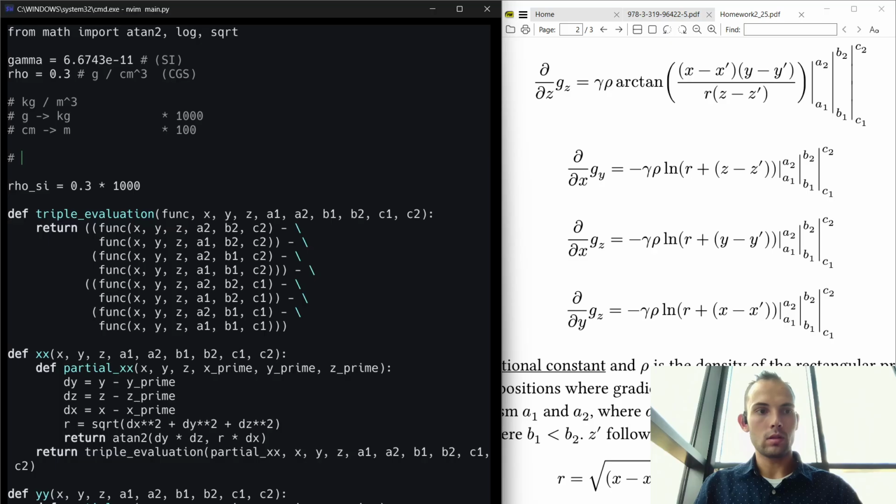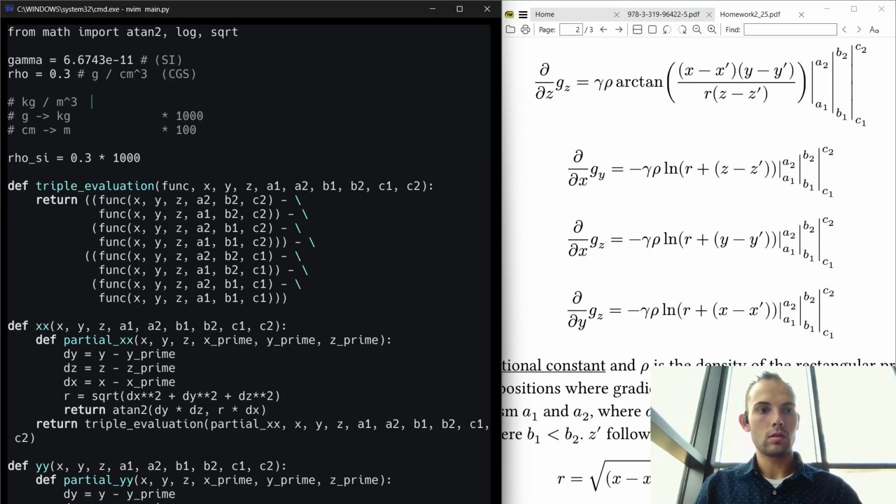So to go from grams per centimeter cubed to that, we need to multiply by 1,000 and then divide by 100 cubed. Is that right?